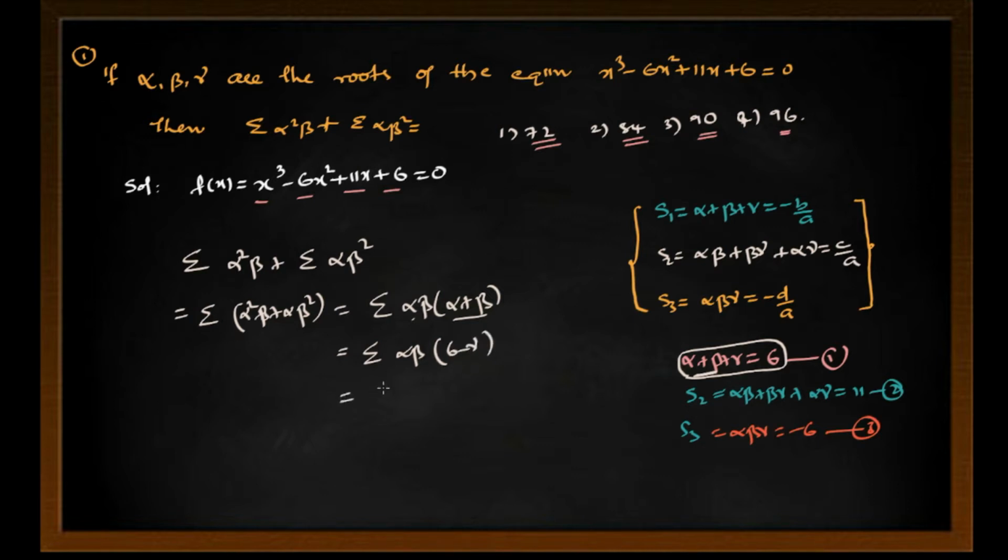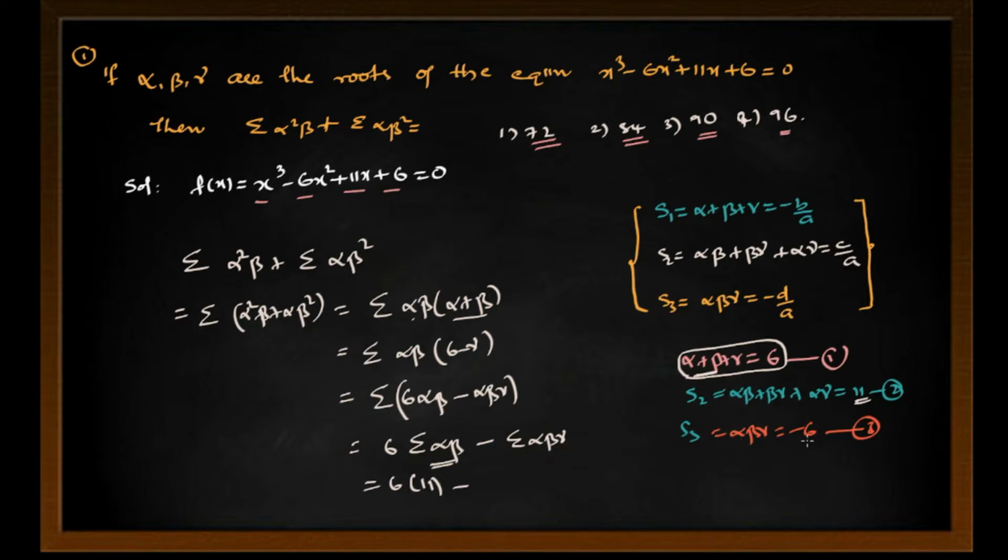If you multiply, summation 6 into alpha beta minus alpha beta gamma. So 6 times summation alpha beta minus summation alpha beta gamma. 6 times summation alpha beta means our S2, that is 11, minus summation alpha beta gamma.